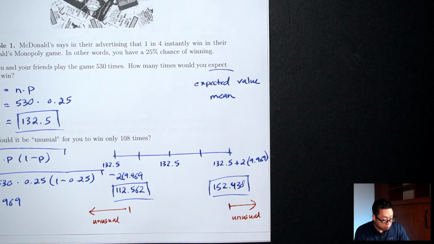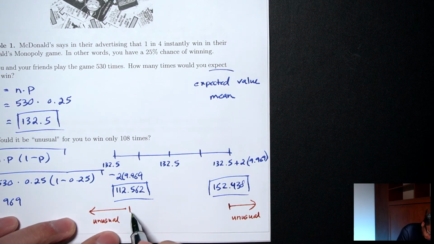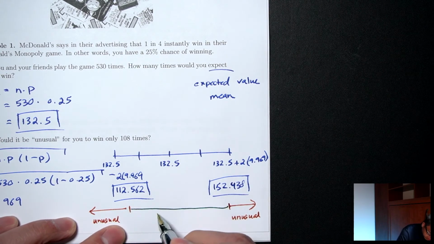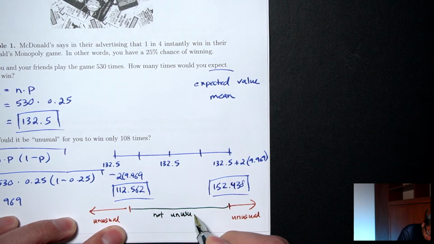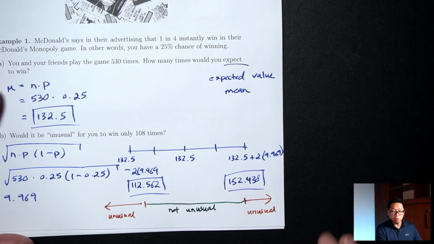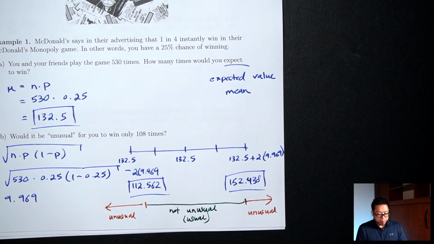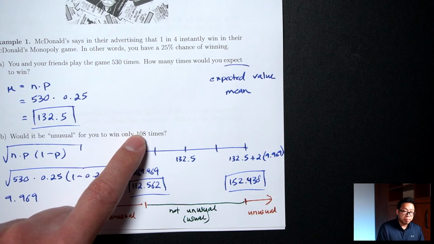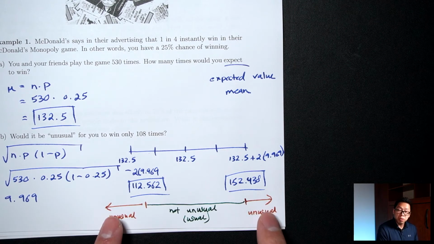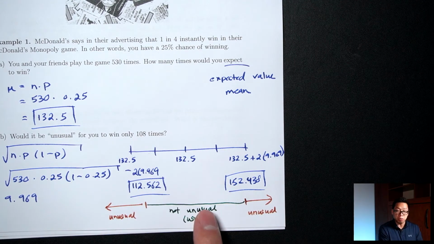If you're in between, that's considered not unusual. Or another word for not unusual, remember, is usual. So where is 108? Is 108 in the unusual zone, or in the not unusual zone?